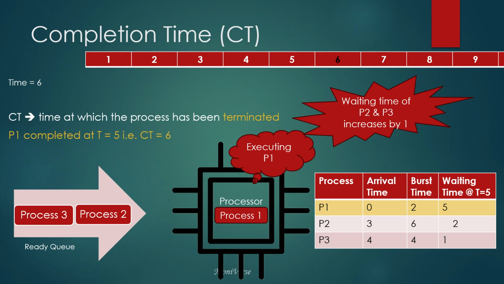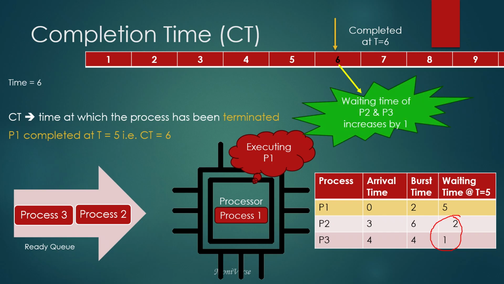Now again at 6, process 1 has been completed, but processes 2 and 3 are waiting there, right? The previously calculated waiting times of processes P2 and P3 are 2 and 1. Now as 1 second has passed, one more unit of time will be added to this 2 and 1, right?